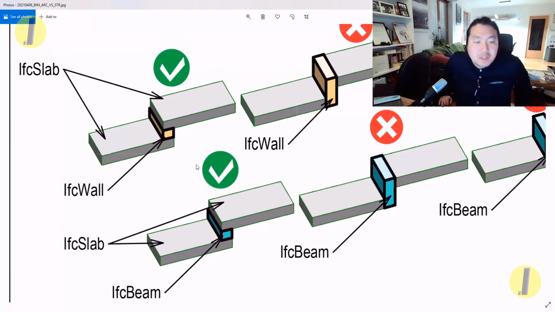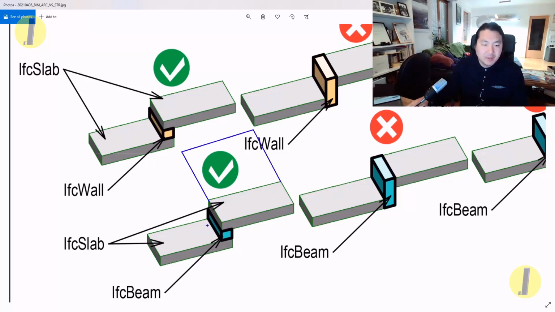Both solutions are correct, but sometimes when you have a longer span, as in this case, and your structural beam has to be longer, then in your analytical model you'll have one node point and another node point, and an analytical line in between.